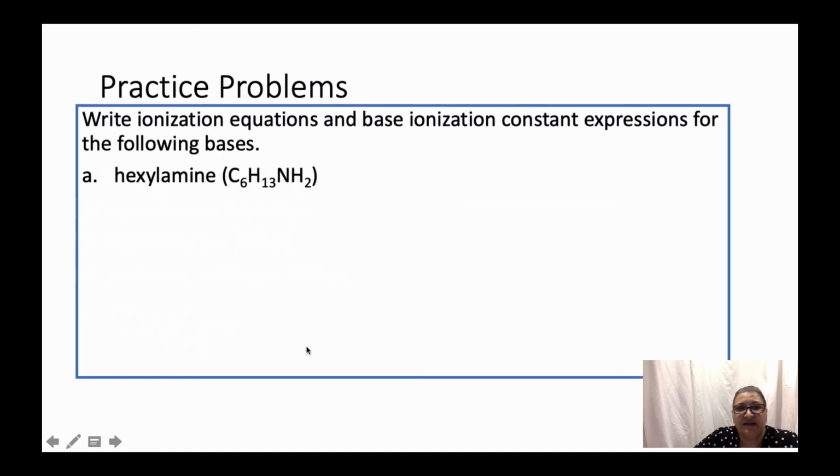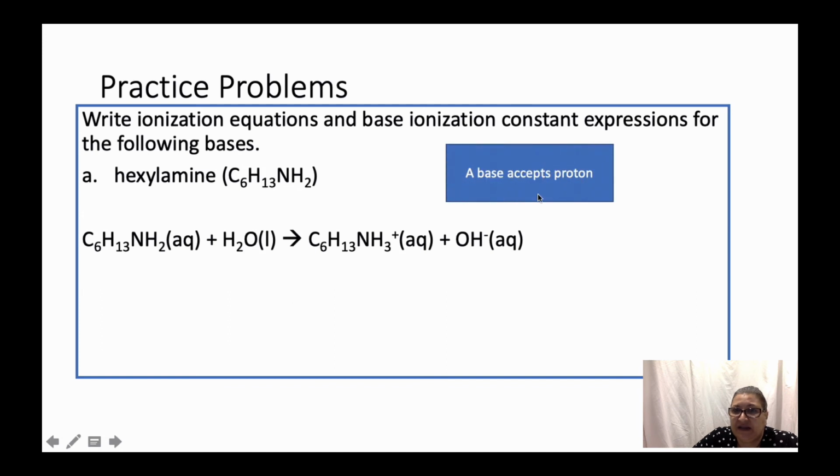Now for some bases. A base accepts a proton. So this one, hexylamine, will take hydrogen from water and release OH minus, which is an indication that this is a base. And this one will have an extra hydrogen and becomes positive.